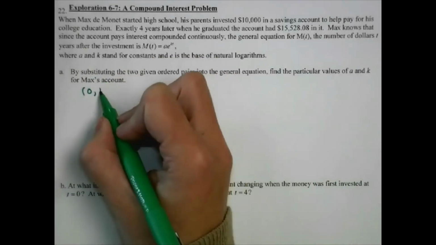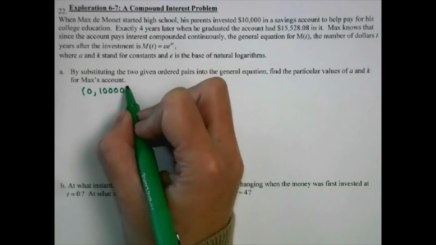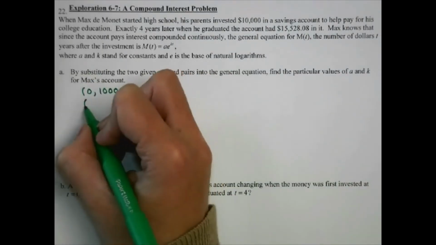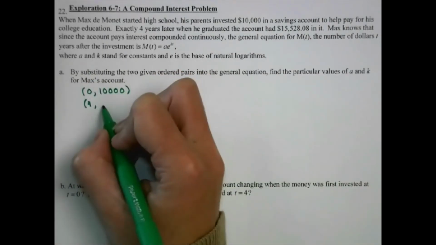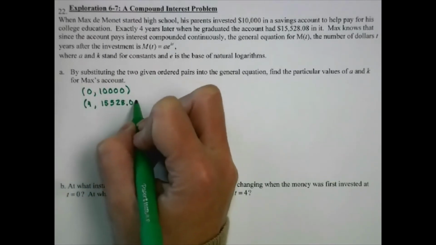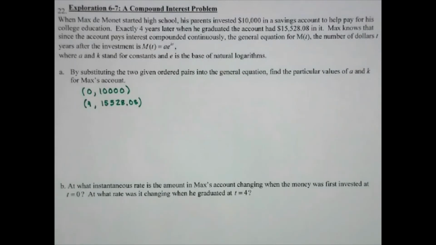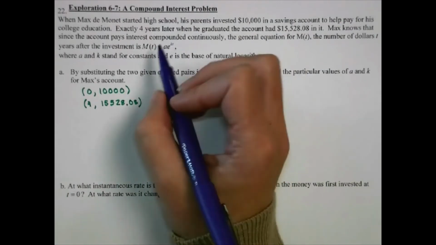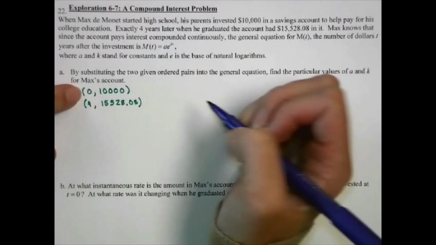So we know at time 0 we have $10,000, and at time 4 we have $15,528.08. So we're going to use these to find a and k in this equation. So I'm going to start with 0, 10,000.